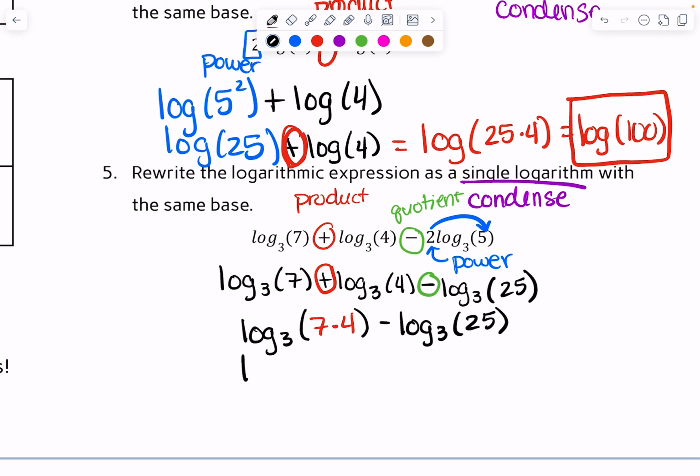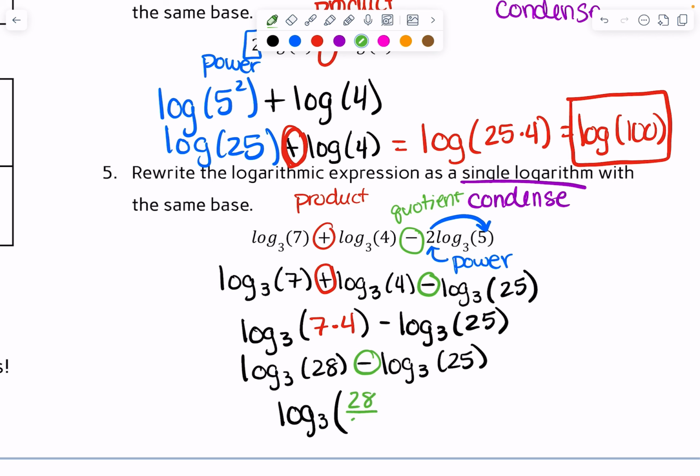Let's do that multiplication. So that would be the log base 3 of 28 minus the log base 3 of 25. Now let's do our quotient because of that subtraction. And we're going to have log base 3 of 28 divided by 25. We would want to reduce that fraction if we could, but we can't. So that is going to be our final answer.